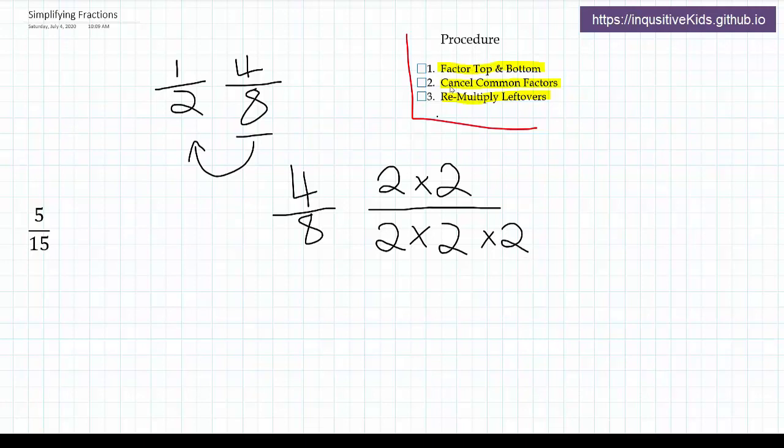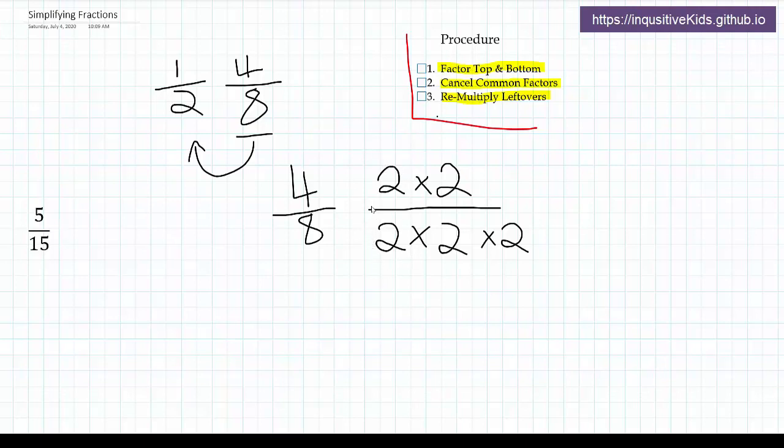Now, the procedure says to cancel common factors. What does that mean? Well, you know how if you multiply a number by 1, it doesn't change that number? And a whole fraction is equal to 1 whole? That's what we mean by canceling common factors.